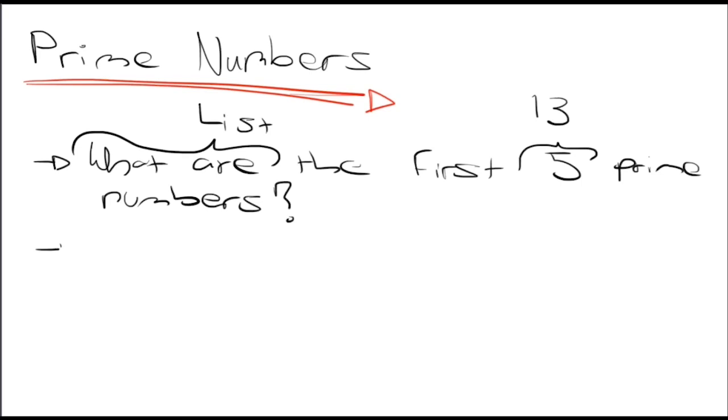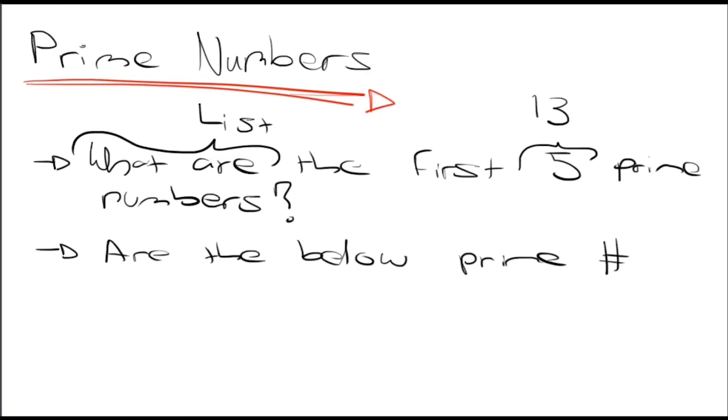Or they could give you a list of numbers and they could ask, are the numbers below prime numbers, or are they composite numbers?